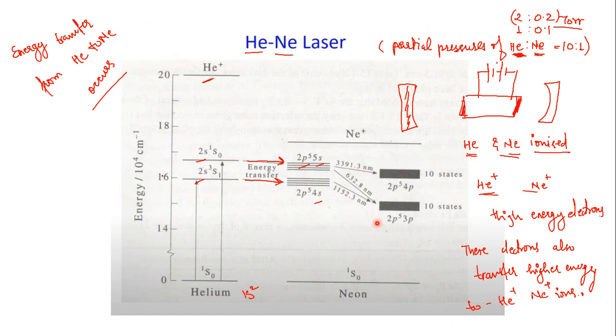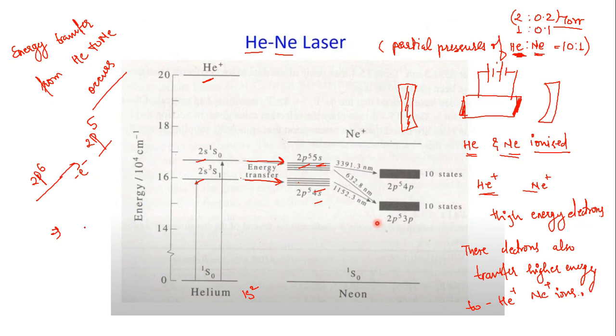Okay, and what is this 2p5? Neon is a noble gas, so its configuration is 2p6, so in the Ne plus state it will lose 1 electron and convert to 2p5. Along with 2p5 there are the other states, which are 5s and 4s.